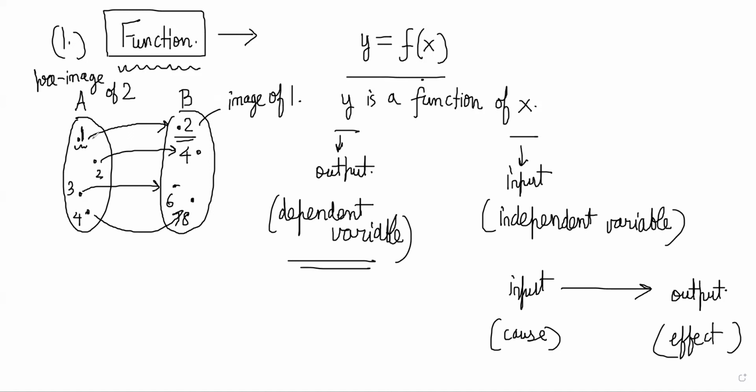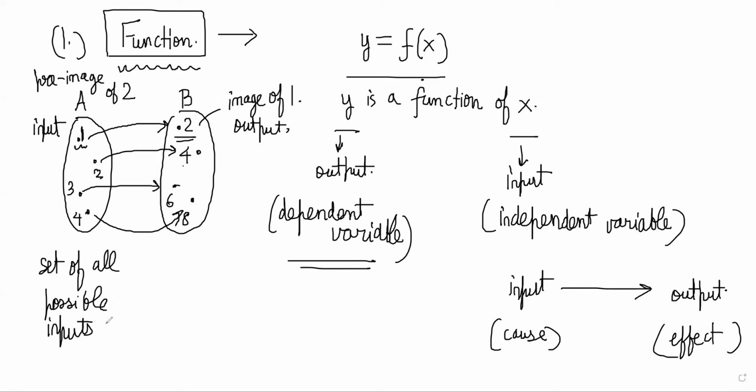1 is basically the input and 2 is the output, right? Similarly, 2 is the input, 4 is the output. So 4 is the image of 2 and 2 is the pre-image of 4, right? And similarly for these two also. The set of all possible inputs to a function, to f of x, which in this case is the set A, is known as the domain of the function.